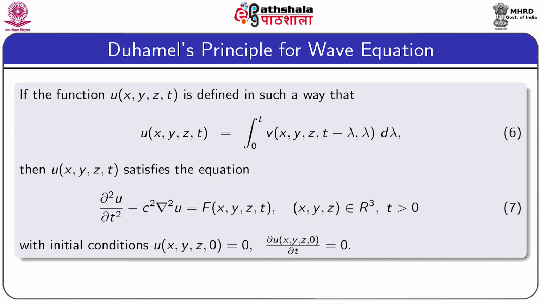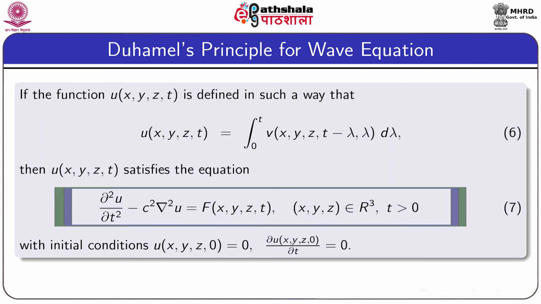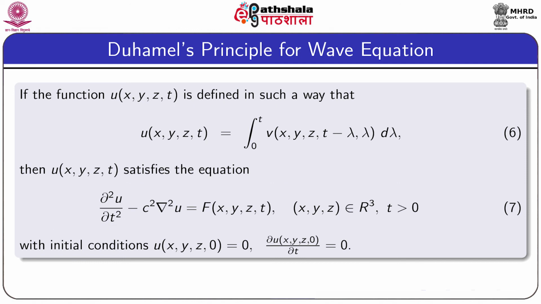Then we propose that u satisfies the equation del 2 u del t square minus c square Laplace square u equals f, with initial conditions u equals 0 and del u del t equals 0 at the point x, y, z and 0. That means initially u and del u del t are both 0.